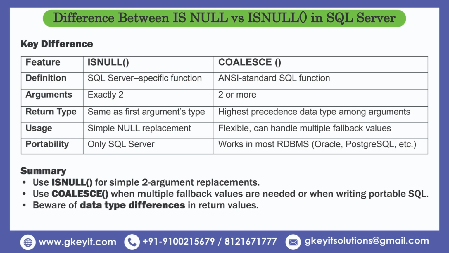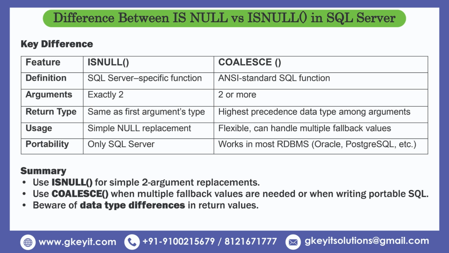And coming to the key differences that we have discussed in the query, I have segregated 5 key differences over here. That is definition, arguments, return type, usage and portability. The definition: ISNULL function is a SQL Server specific function, whereas COALESCE function is an ANSI standard SQL function. Coming to the second point, arguments.